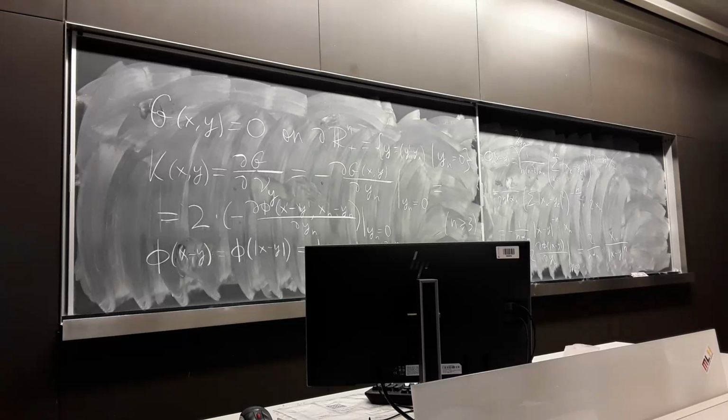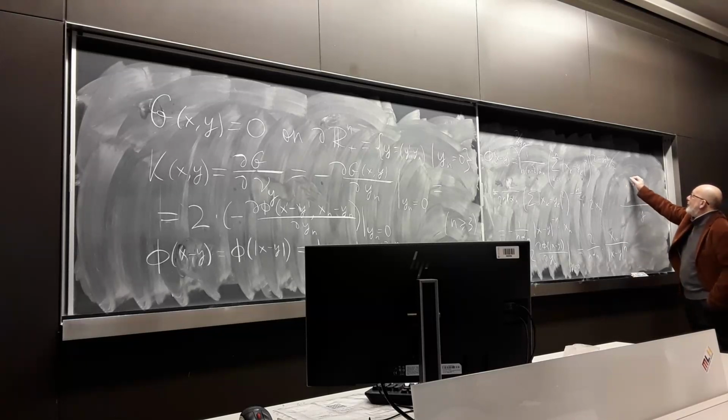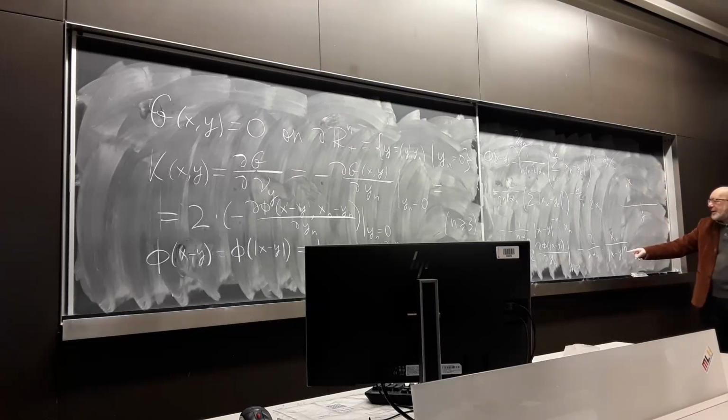And now I want to say that this kernel has the following. How can you visualize it? First of all, this is the point y. Yes, this is the point x. y is on the boundary, x is here. So as a function of x minus y, if y is such that y_n is 0, you see it is homogeneous of order 1 minus n.